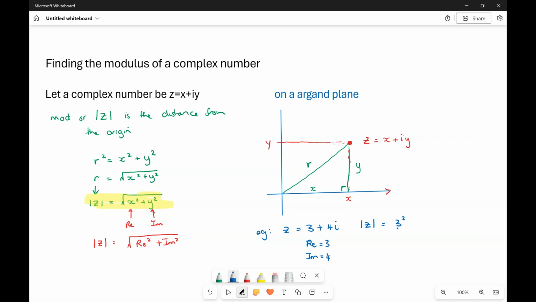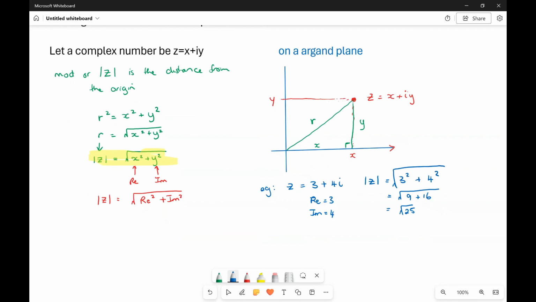So we could do 3 squared plus 4 squared, square rooted, which will give you the modulus. Remember, it's Pythagoras' theorem, you've got a square root at the last step. That's the square root of 9 plus 16, which is the square root of 25. In this case, that works out to be 5.